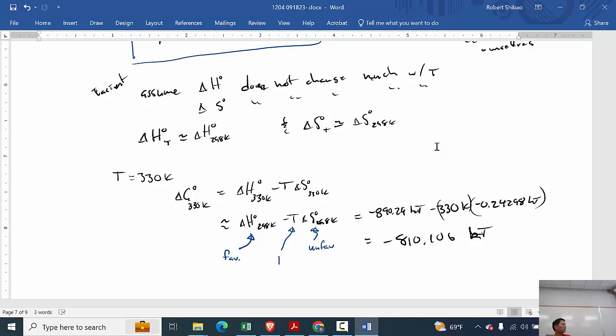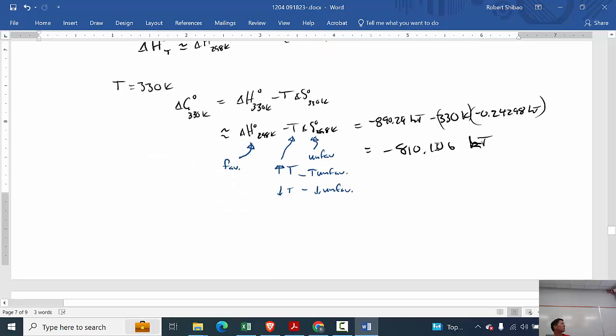If I increase T, delta S increases in importance, and it becomes increasingly unfavorable. If I decrease T, then I decrease the unfavorability, because S is going to be less in terms of magnitude in the overall equation. Does that make sense?